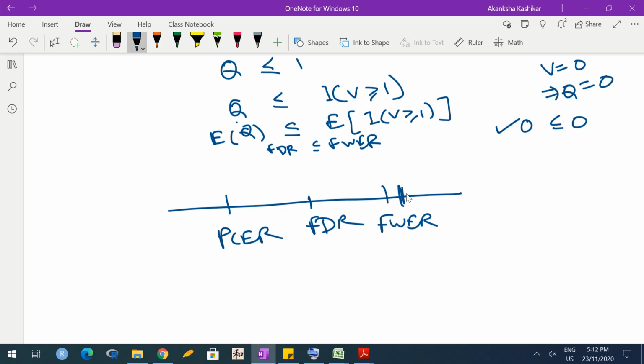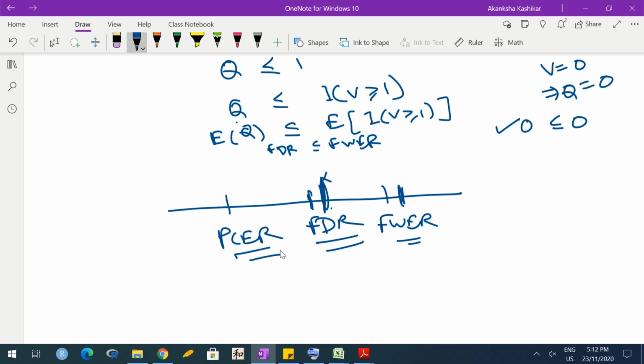So they try to put alpha somewhere here. So of course they control FDR also to be below alpha. But we have some FDR control procedure which tries to keep FDR below alpha. So you can put alpha somewhere here. So it is not as conservative as family wise error rate. So it doesn't inflate type 2 error that much.